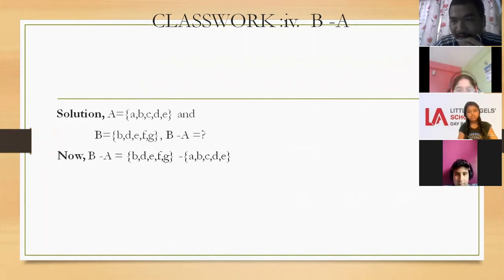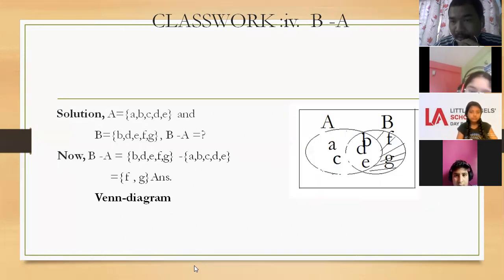Then in the Venn diagram, Tara, are you looking there? In the Venn diagram, which part do you have to say? F and G. Very good. The Venn diagram will be the same, just F and G will be the remaining part.